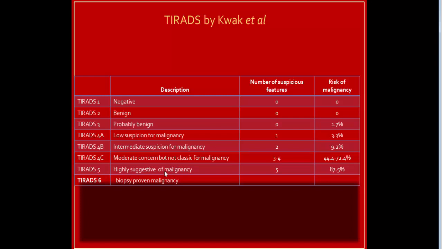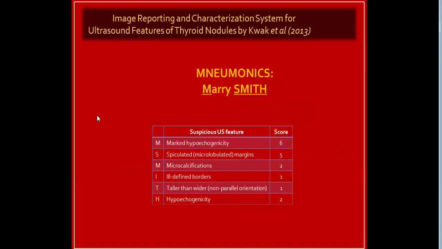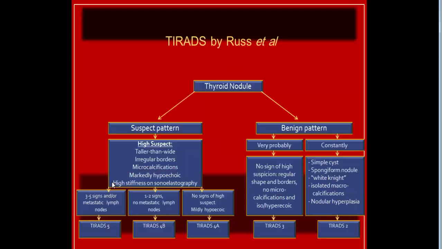TI-RADS 5 is highly suggestive of malignancy. TI-RADS 6 is biopsy-proven malignancy. These are the suspicious features by Kwak: marked hypoechogenicity, spiculated margins, microlobulated, microcalcification, ill-defined border, taller than wide, non-parallel orientation.